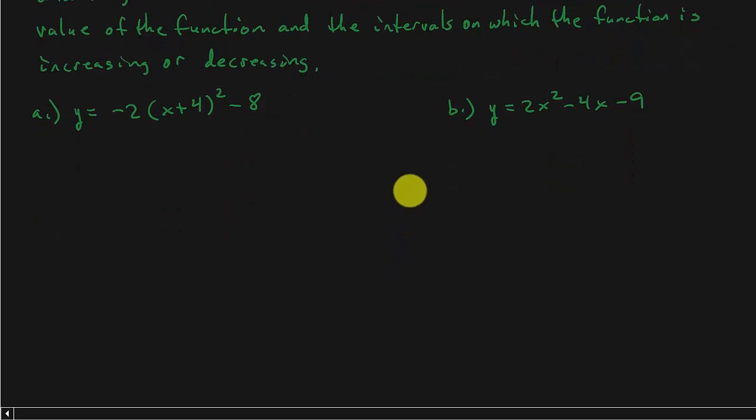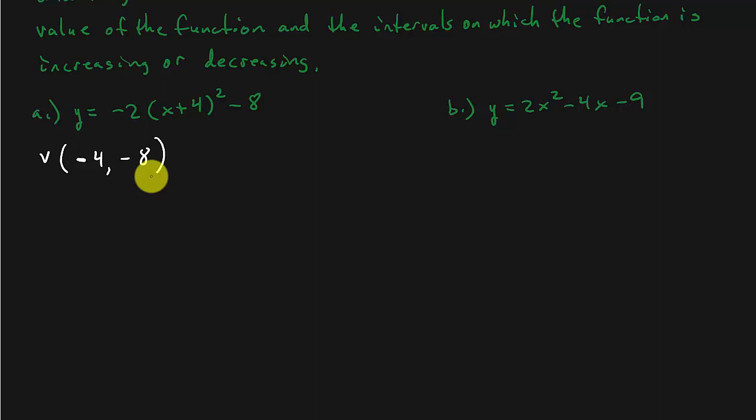So let's find the vertex of this one. So the vertex in this one is what? -4, -8. Okay. All right, -4, -8. Now, the next thing that we want to do is we want to graph this thing, but not in any detail.